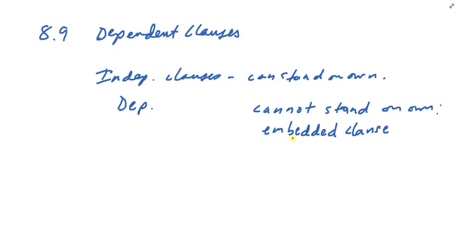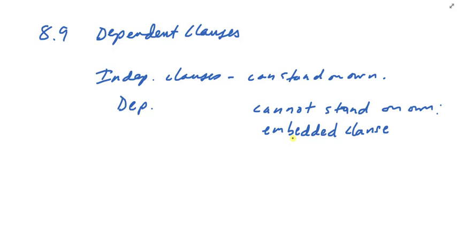I love peanut butter because it's yummy. The dependent clause there is because it's yummy. Or I could say, I sent you to New Mexico because I love the mountains. There, because I love the mountains, is a dependent clause.